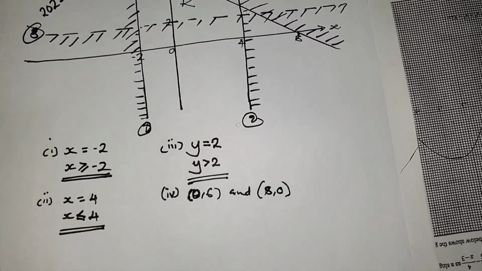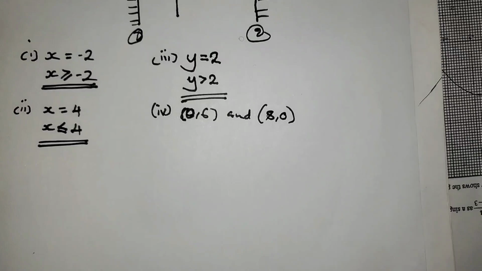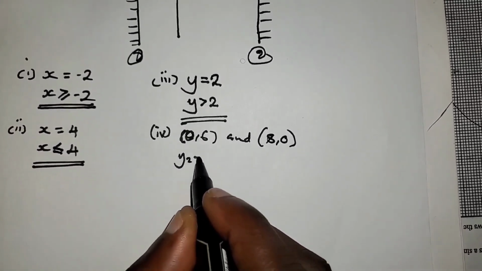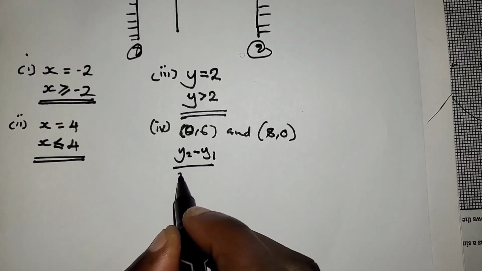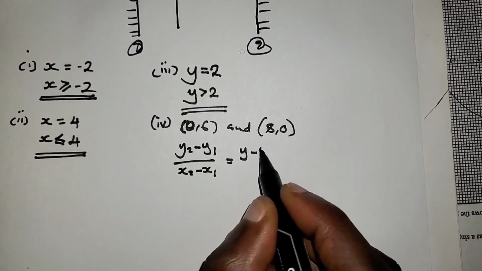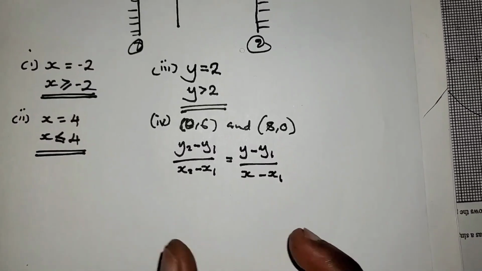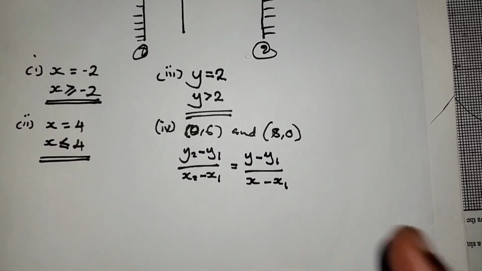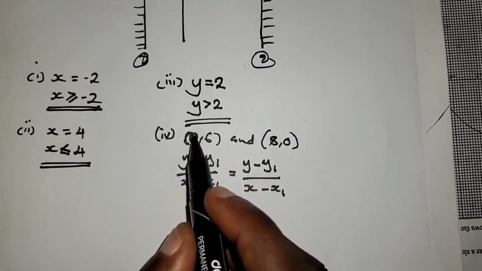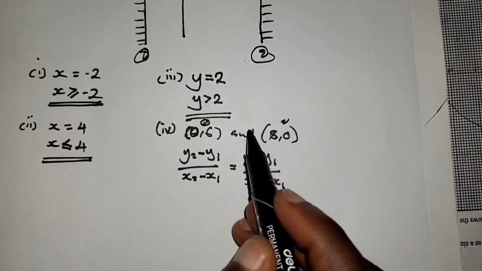Now, there are many ways of solving this, but I like using this. The formula for gradient, which is y2 minus y1 over x2 minus x1, is equal to y minus y1 over x minus x1. This formula will find the gradient as well as the equation at the same time. Alright, so let's say these are x1 and y1, these are x2 and y2.